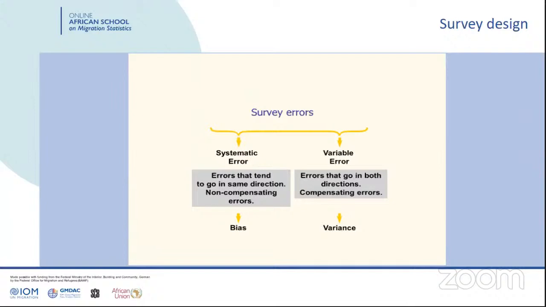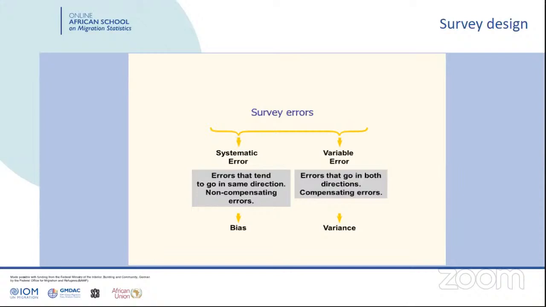One thing about the errors, some of them are systematic. Those are errors that tend to go in the same direction. We can call them non-compensating errors. They will inflict bias in our results. Let's say we ask questions about consumption of alcohol in a survey.